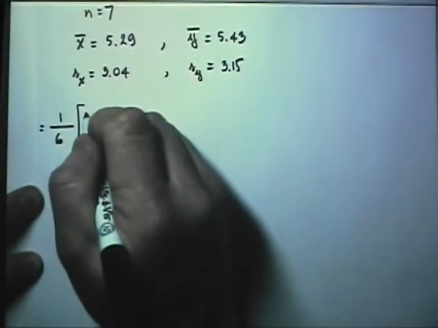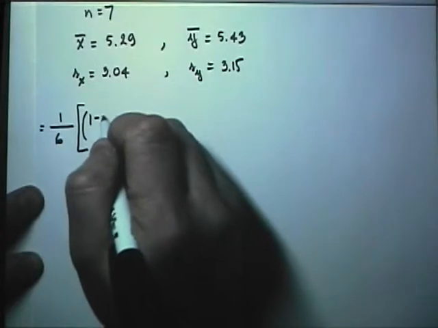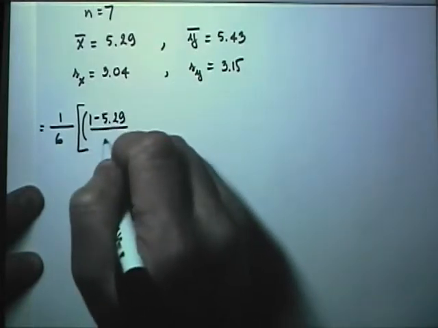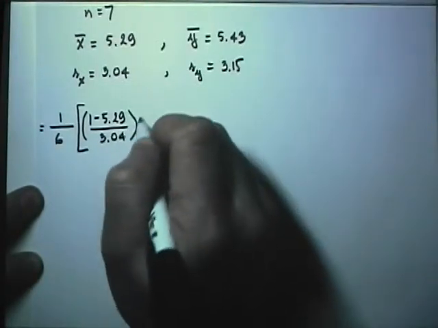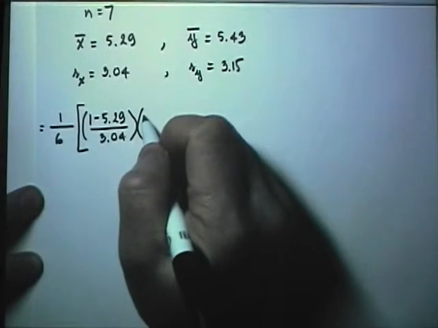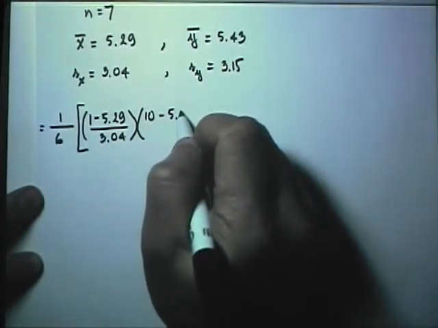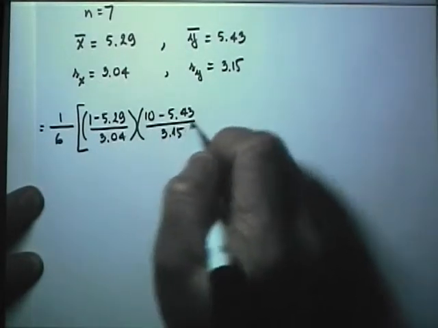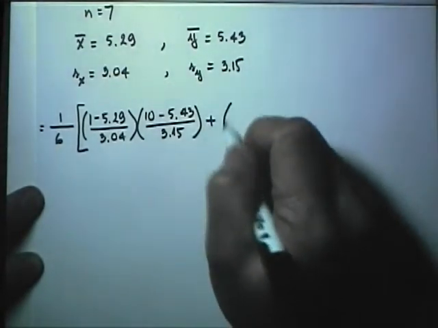The x component is 1, so I subtract the mean for x, 5.29, and divide by the standard deviation for x, 3.04. I multiply that by 10 minus the mean of y, 5.43, divided by 3.15. Then I'll keep going further.